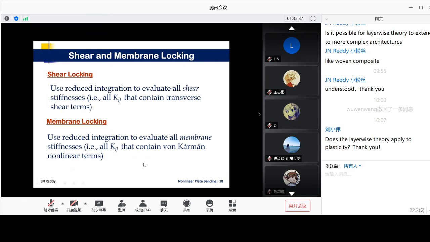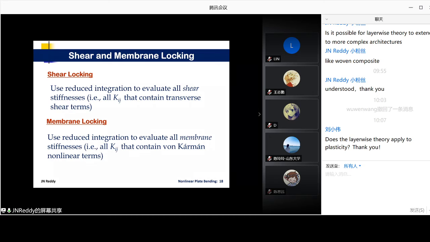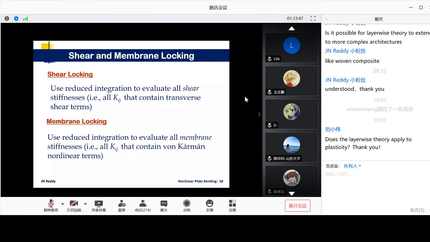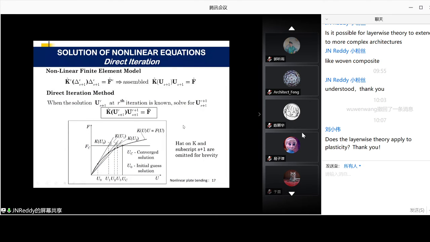If you use higher order interpolation for all of the variables, higher order, cubic, fourth order, then no locking at all. Okay, but it will involve more computational effort. And of course, that may be the best way to go, because then you don't have any side effects. Okay. So here is the discussion of iterative schemes.